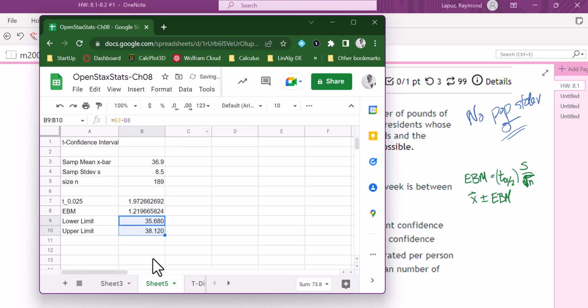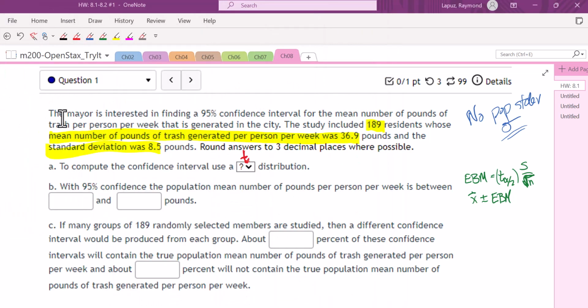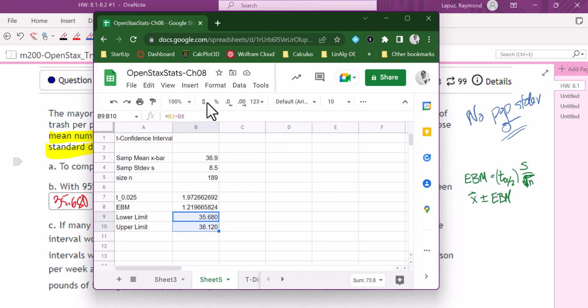So let's go with 3, because that's what they're asking for, and so this is what we have. All right, 35.680 and 38.120. So let's get that down here for our results, our answer. 35.680 and 38.120.